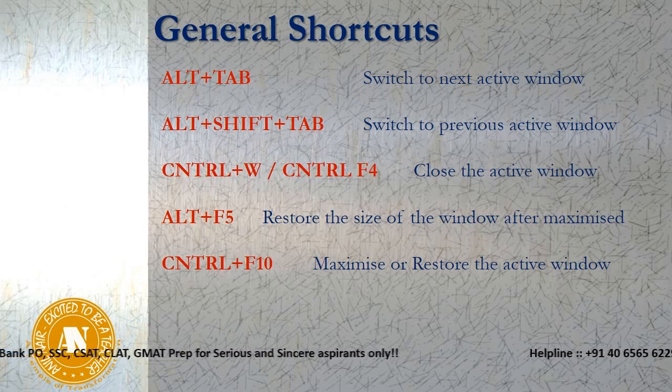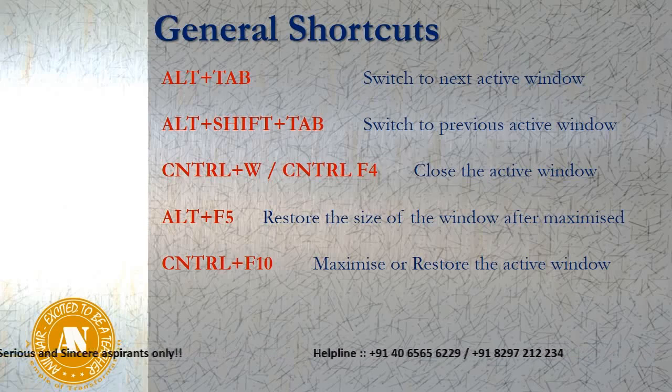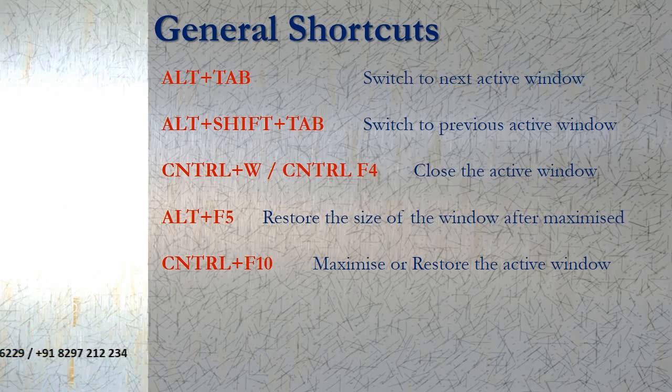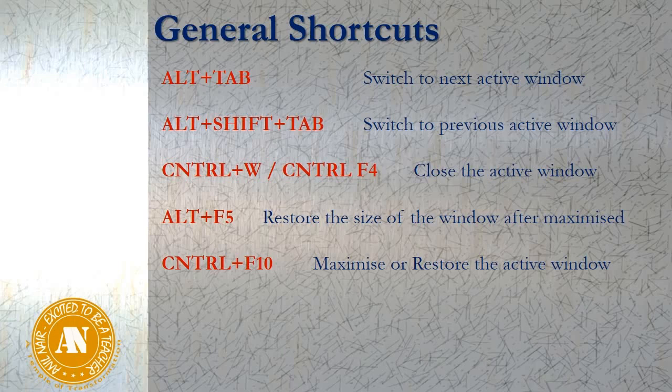Then you need to resize these windows to fit in the same screen so that you can easily compare them looking at them right and left. So one window is on the left side and the other window is on the right side, both sharing the exact screen size, and you are going to compare them with each other. For that purpose, Control F10 and Alt F5 will be used.